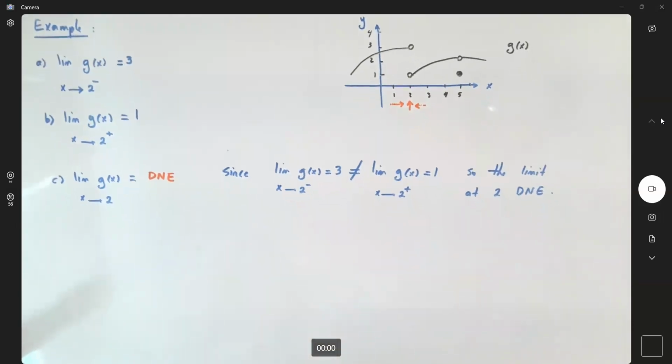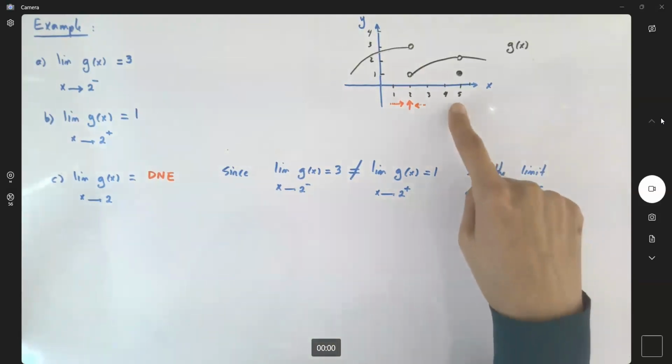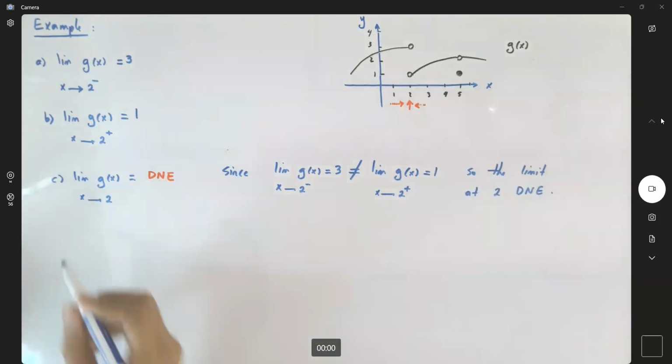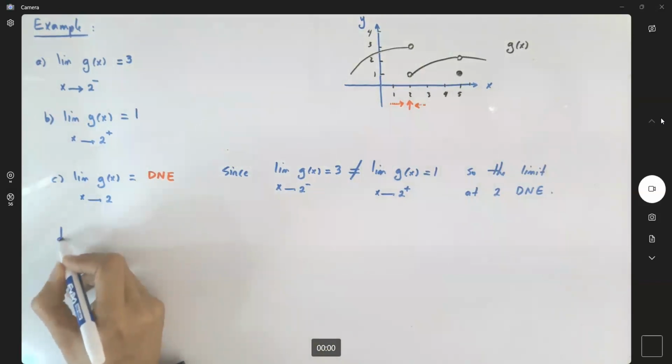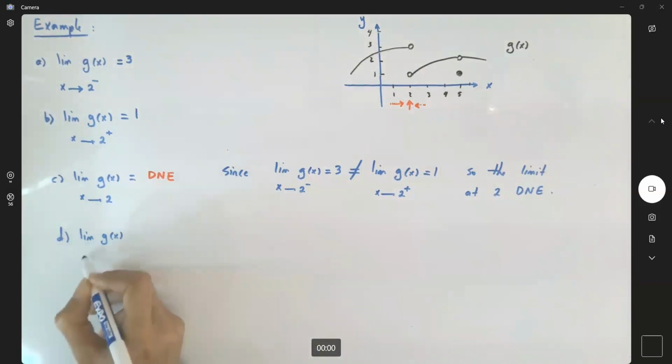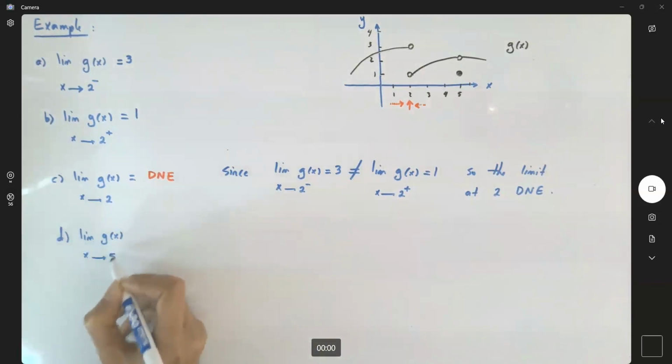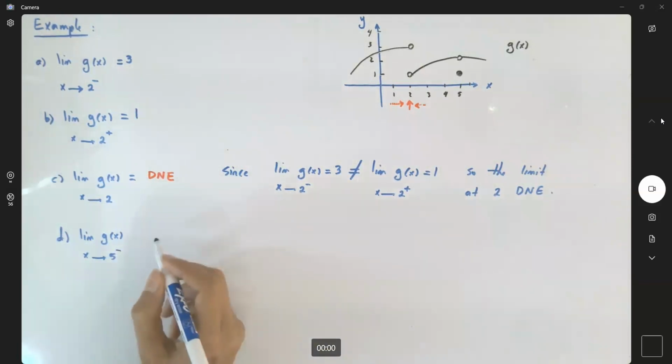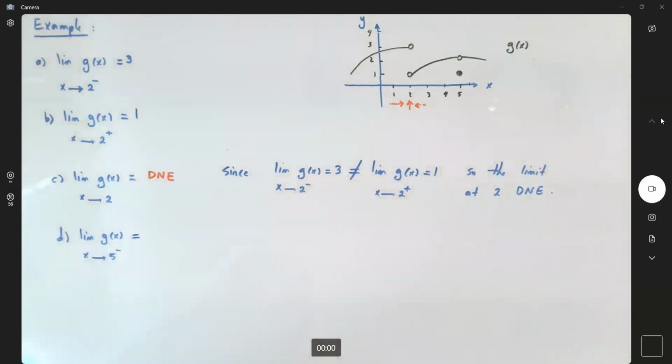Let's take a look at another x value and evaluate the limit of the function. x equals 5 is interesting. Let us try to analyze the limit of the function at 5. Part D. The question says, what's the limit of the function as x approaches 5 from the left-hand side? Okay, the same process.